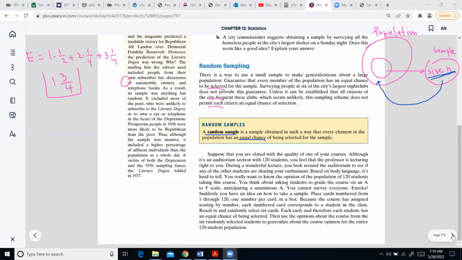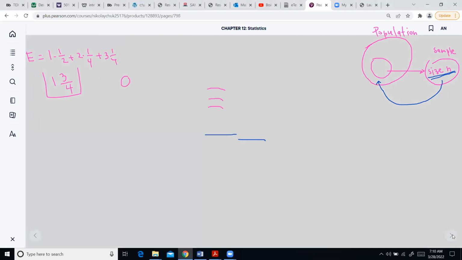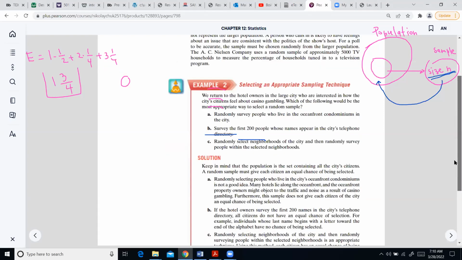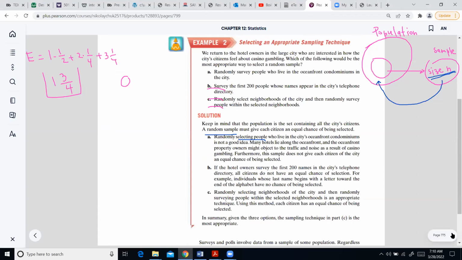So that's the reason why the random sample idea is so important, to be able to select samples correctly.